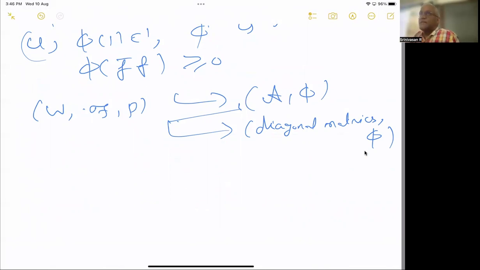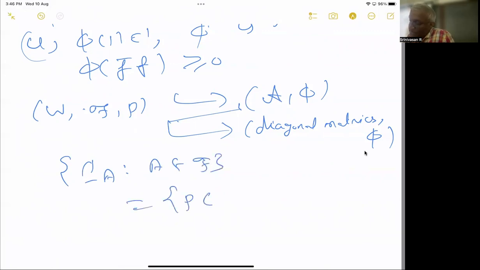So then when we have this, we can get back script F. We want to get back the script F, all sets, but that is just all 1_A, A in script F, and that is equal to all those P in this pi of A. Let us call this map pi.